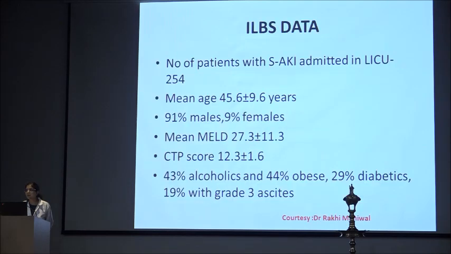This was ILBS data. The number of patients with sepsis-associated AKI admitted in the ICU was 254 in total. Mean age was 45.6, mostly males, 91%. Mean MELD was 27.3, and CTP score was 12.3. 43% were alcoholics, 44% were obese, and 29% were diabetics.